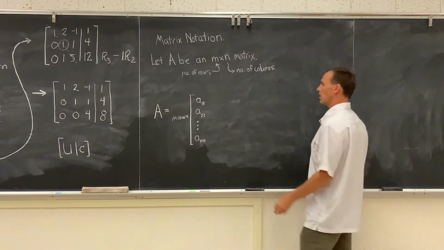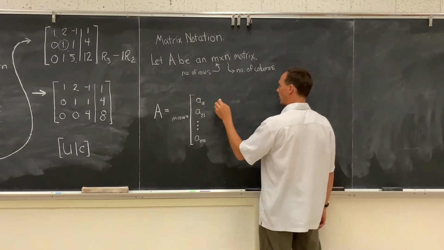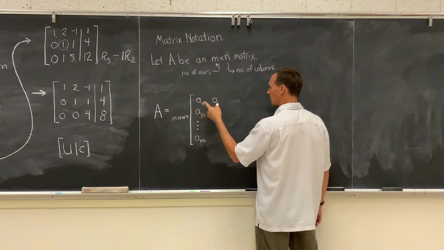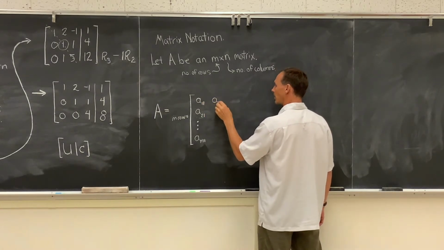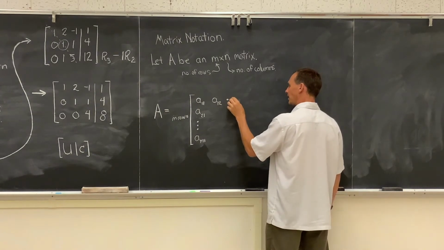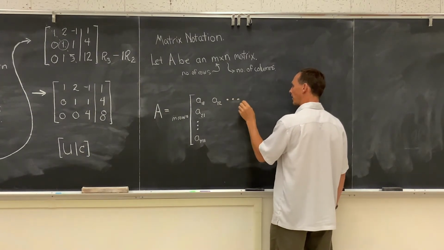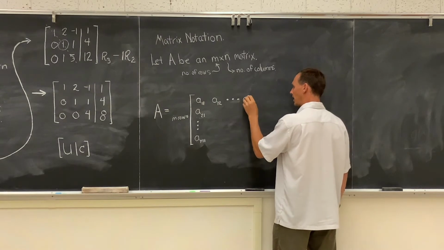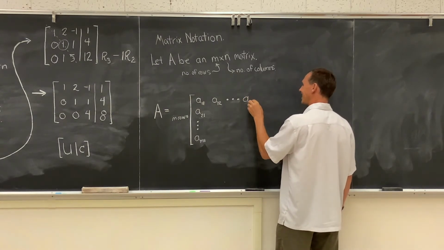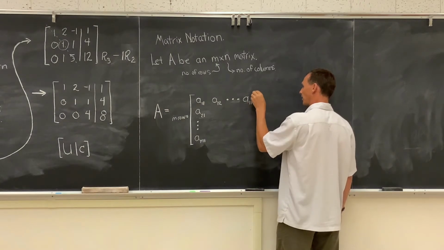And then let's come across. The next entry would be A, this time still in row 1, but now you're in column 2. Then this pattern continues all the way across until you get A, still in row 1, but now in the nth column.